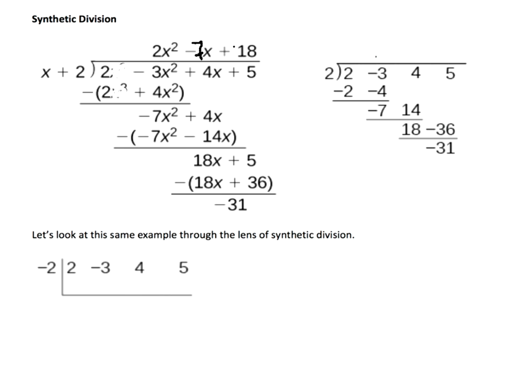So if I went here and whited out all of my variables, you would see that what's really going on that's important in here is what's happening with the coefficients. So off to the right here, all I have are the coefficients in my division process here.